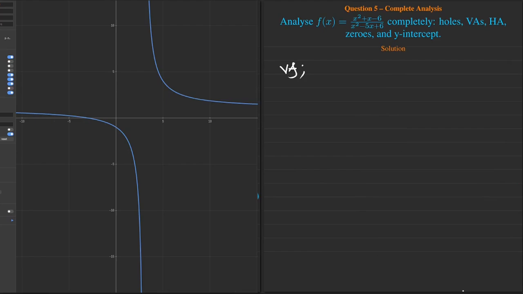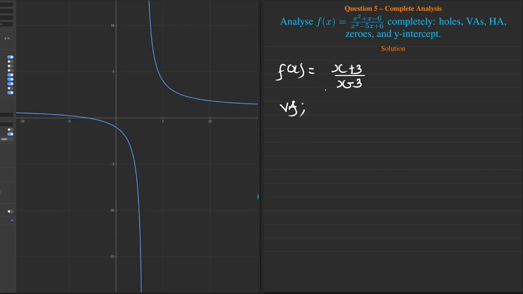So for the vertical asymptote, it is usually where we have the denominator equated to 0. And remember, we had f of x being equal to x plus 3 over x minus 3.